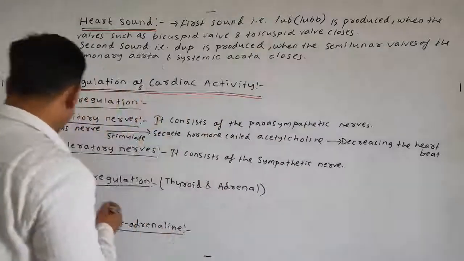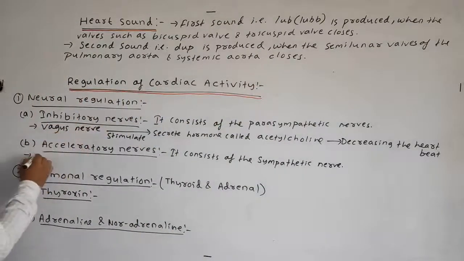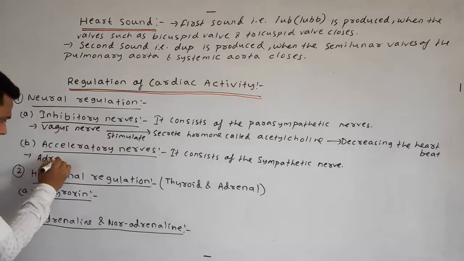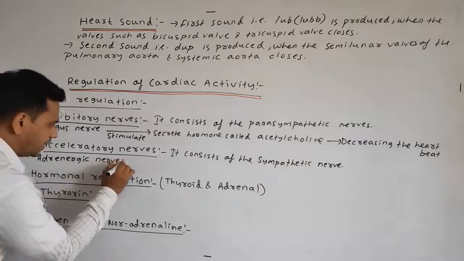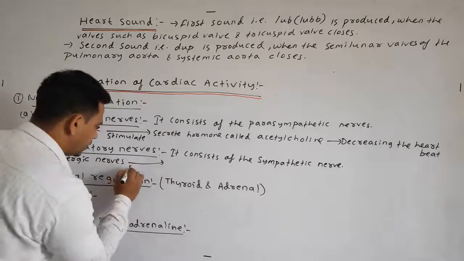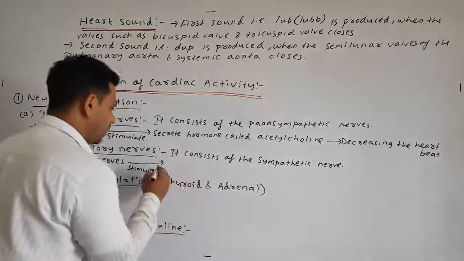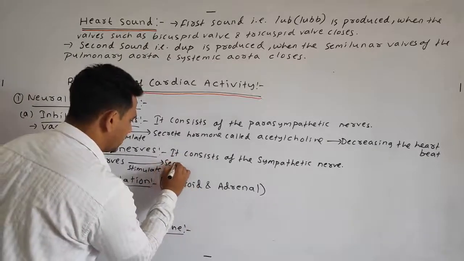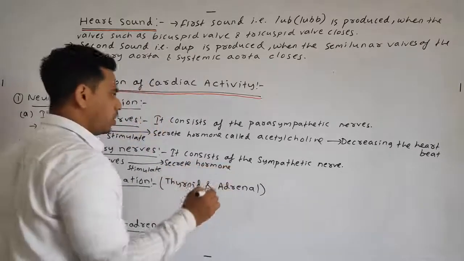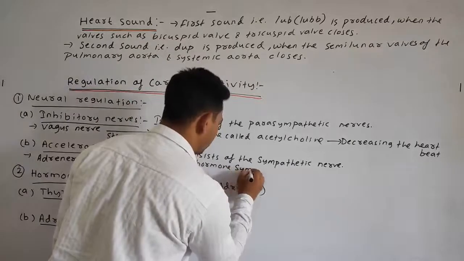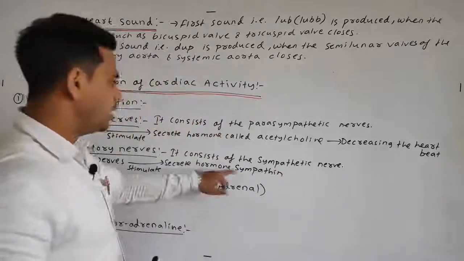Let's write this point. Here the nerve, like the vagus nerve there, here is your adrenergic nerves. When it is stimulated, it secretes the hormone called sympathin.